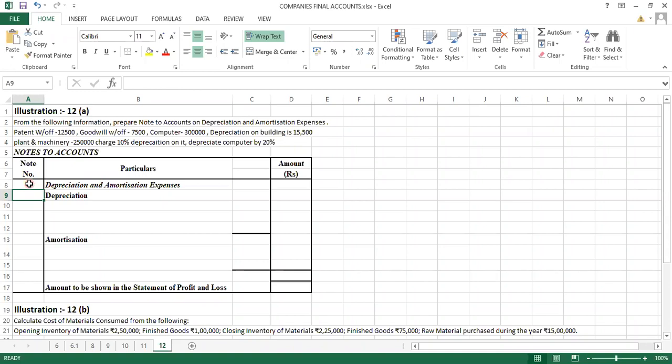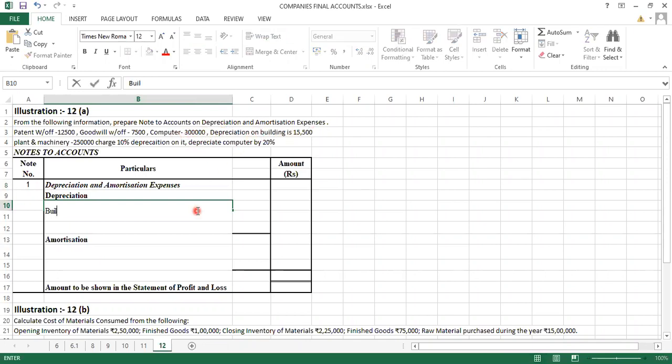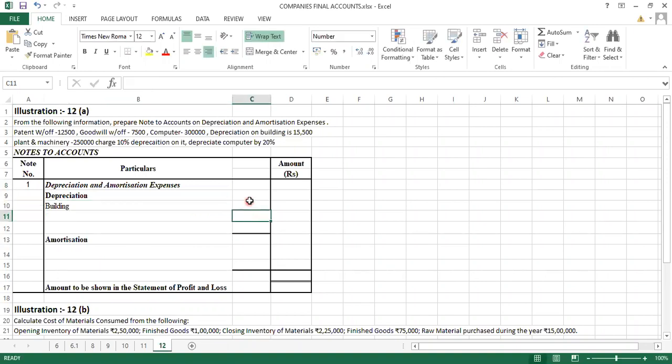Done. Now we need to give the heading, depreciation and amortization expense. Then depreciation, now on what will depreciation be charged? The first thing given is building. So the direct amount is given for the building, 15,500.